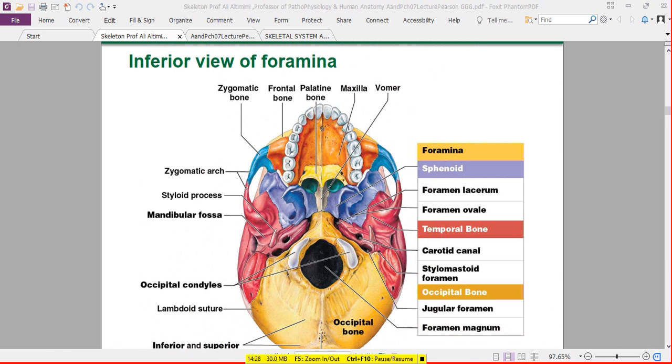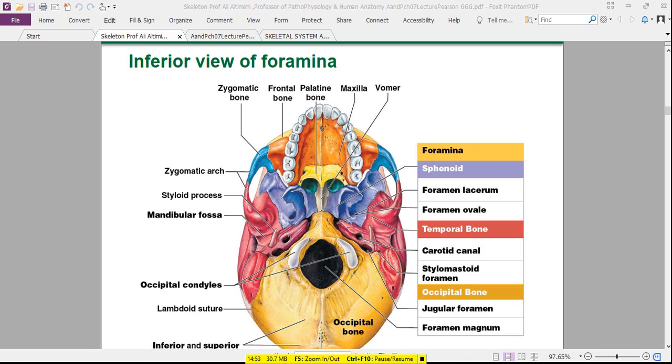Now we have inferior view of the foramina. Foramina are openings in the skull to pass vein, nerve, artery. In the foramina we have foramen lacerum. This is a foramen lacerum.